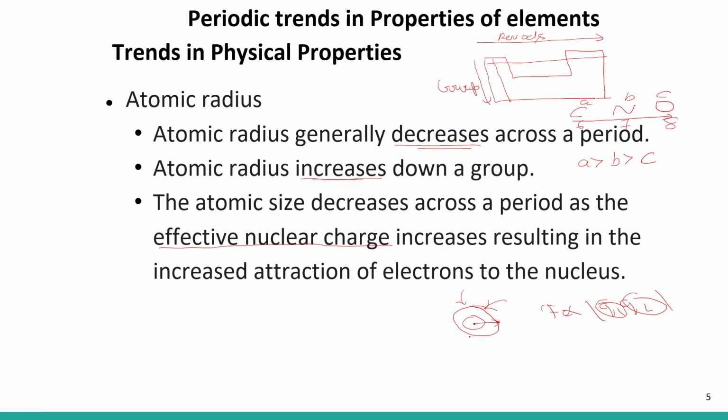So this shell will experience more and more force, and to stabilize that force, it will move inward, resulting in a decreased atomic radius. So this was the reason for the decrease in the period.